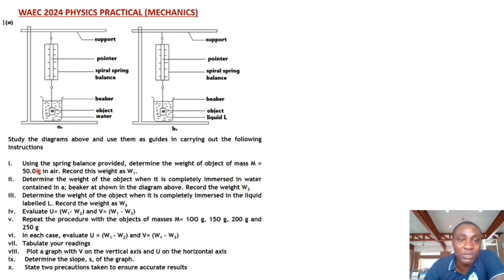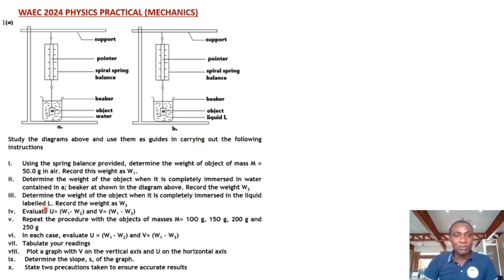So for the object of 50 grams, first of all, put it in air and weigh it. That's the procedure. Then determine the weight of the object when it is completely immersed in the liquid labeled A. This time around, we're going to record the weight as W3. In this practical, that liquid is kerosene, so we're going to utilize the density of kerosene to work this out.